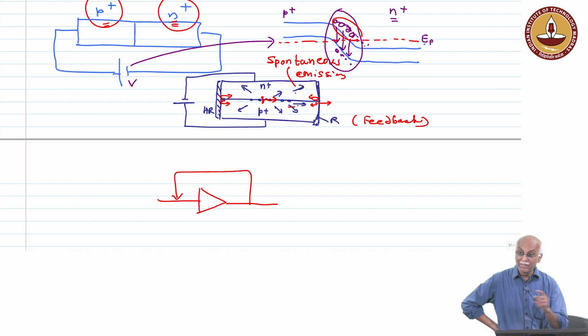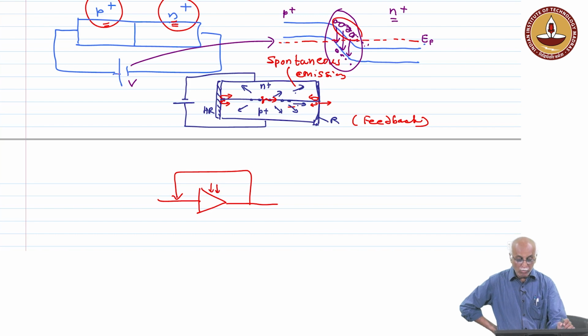Amplification here is a positive feedback which amplifies. So, the more photons coming back, the more the amplification accordingly. Of course, gain is decided by the pumping energy. So, there will be a pump.